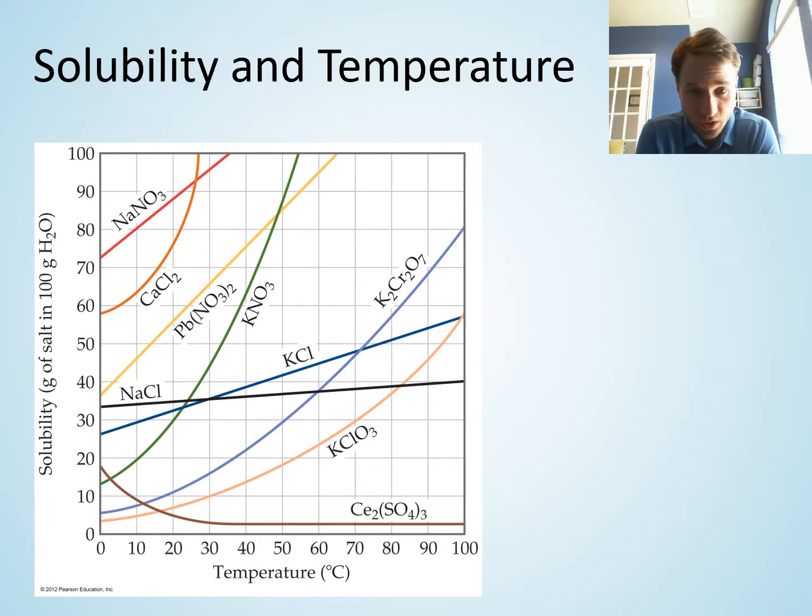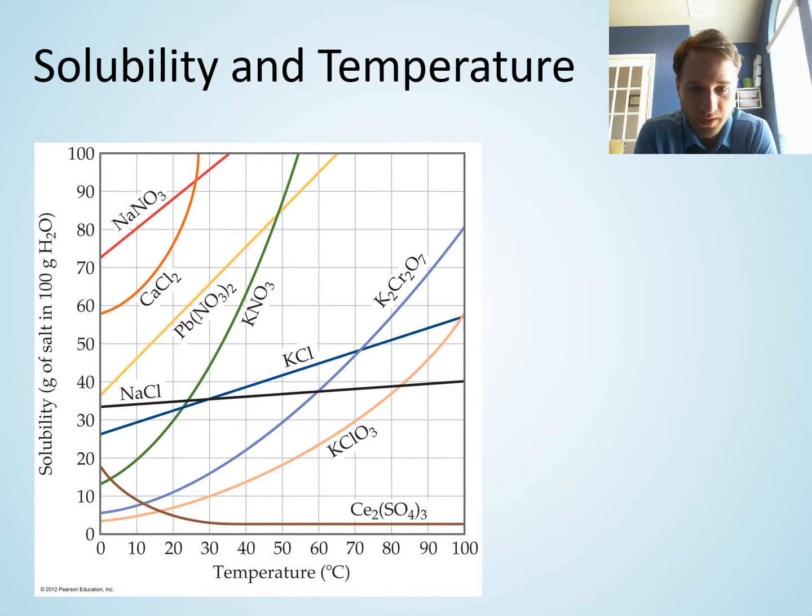So to start off, let's talk about solubility and temperature. Here we have this plot of the solubility of a bunch of different salts versus temperature. We see in general for almost every salt here, the solubility increases with increasing temperature, some more rapidly than others.